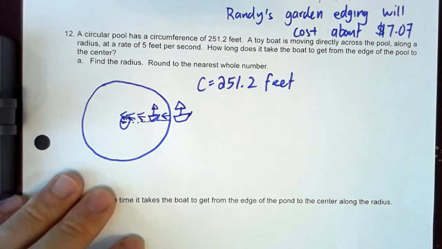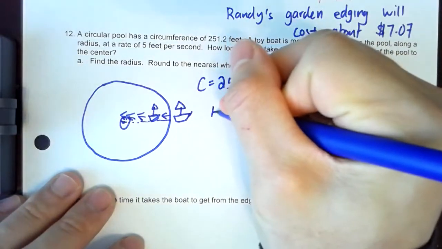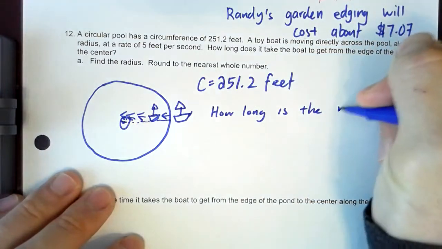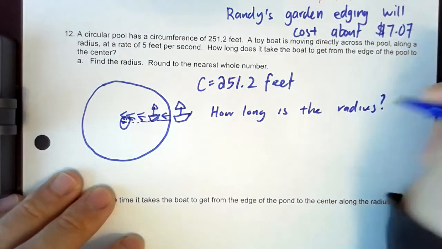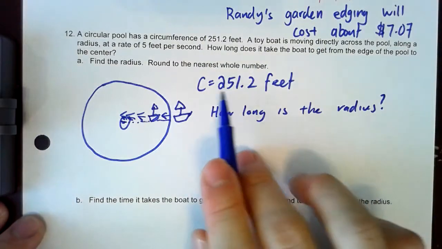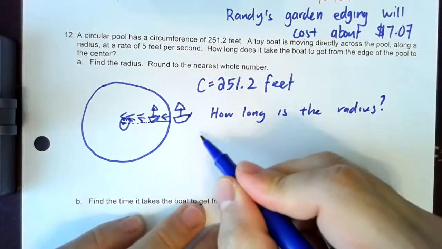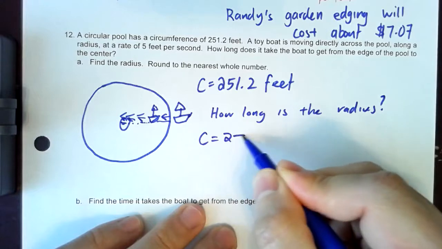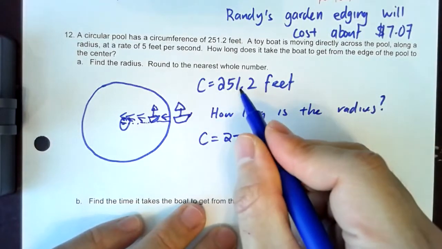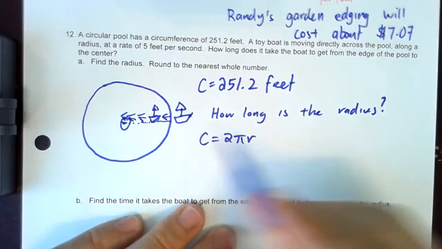So the real question is, how long is the radius? Well, we don't know the radius, but we do know the circumference. So again, we're going to plug in to 2 pi r. But in this case, we know that 251.2 is equal to c.